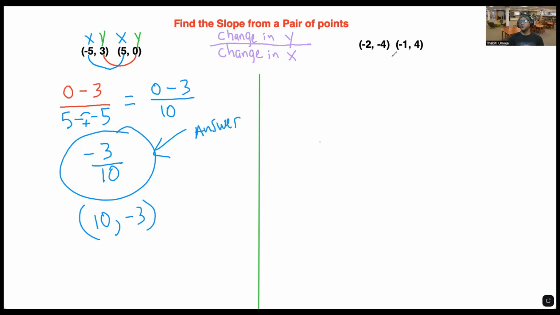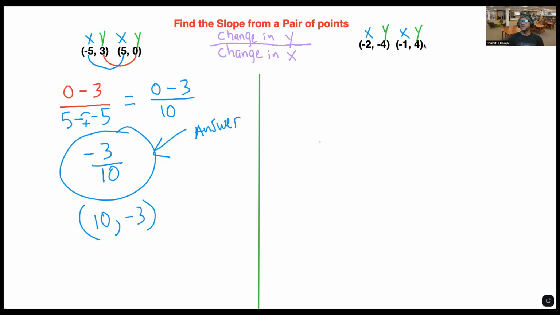All right. Let's do this one over here the same exact way. The first thing we want to do is label our points. We'll make the y's here, the y here and the y there, and then we'll put our x values here. Our x is here and our x is there, just like we did in the last problem.